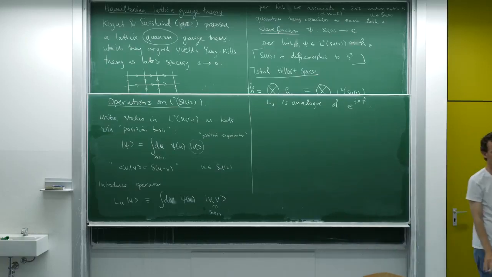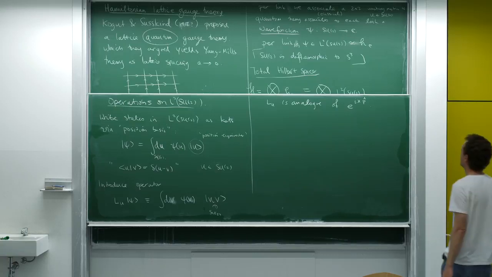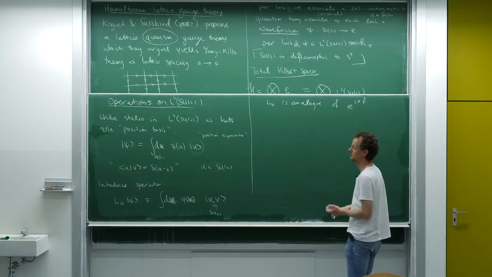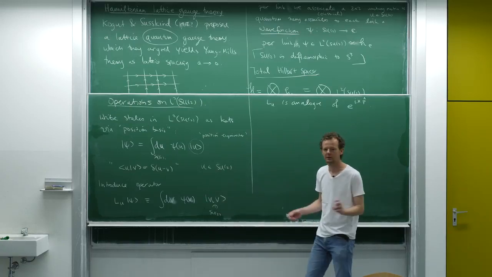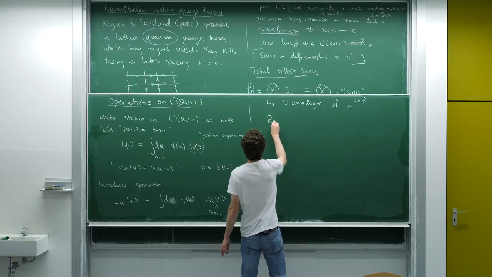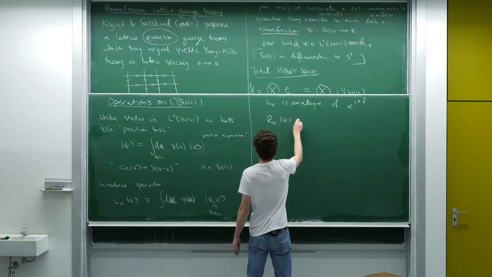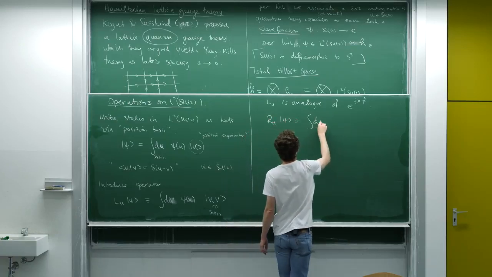So in Schrödinger mechanics, if you want to shift your system by x, then you multiply by e to the ix p hat. P hat's the momentum operator. So L of u is just like that. But because things don't commute now, these coordinates don't commute, there's another operator, R of u, defined in a similar way.